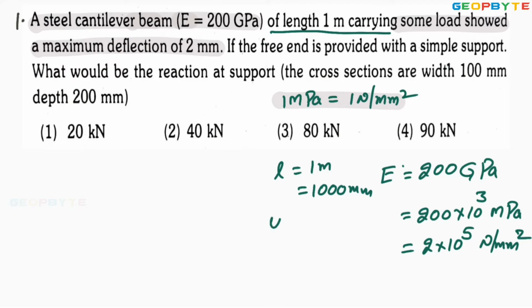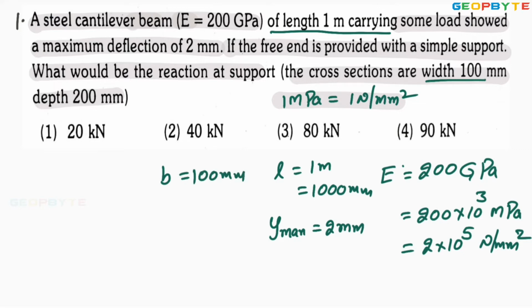For a cantilever beam, maximum deflection occurs at the free end, that is given as 2 millimeters. If the free end is provided with a simple support, what would be the reaction at the free end? Cross section width and depth are given. Width of the beam is 100 mm and depth equal to 200 mm.